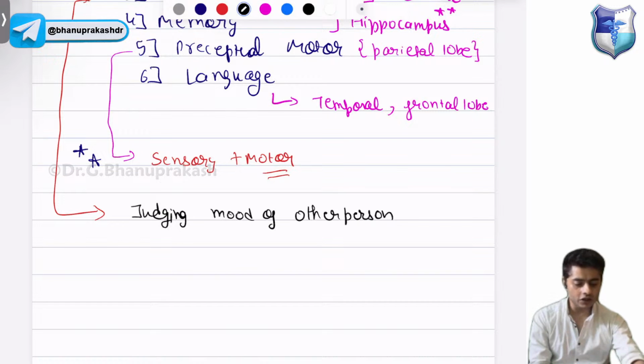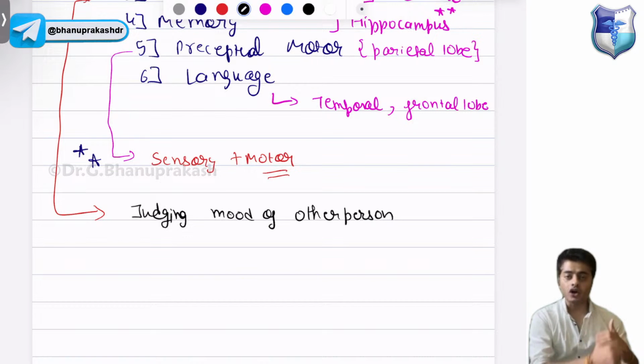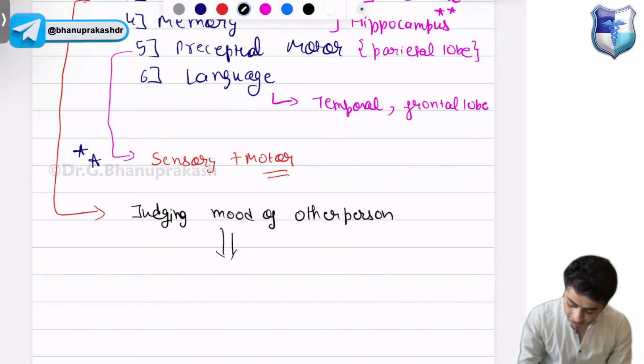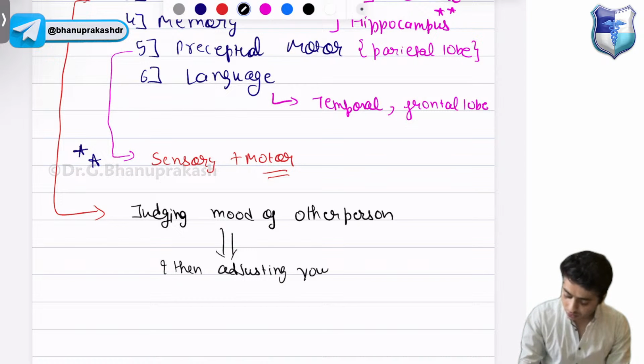Then if they are upset, I will be smiling, because I am not judging their mood. So social cognition is judging the mood of another person and then adjusting your mood according to them.